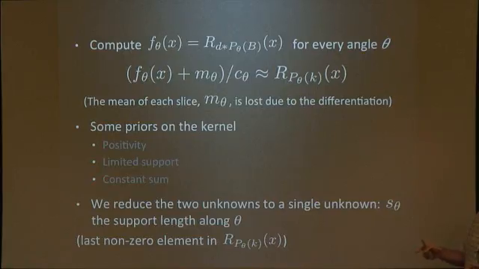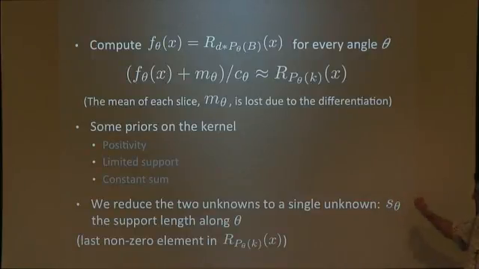So we show that one can reduce both these unknowns and the constant sum to a different unknown, which describes the extent of the support of the kernel in each direction. Because if I know the extent of the kernel, and I know that by that time the kernel should be at 0, I know to offset it and recover m of theta. And I know that it needs to sum to 1, so I know to recover C of theta.